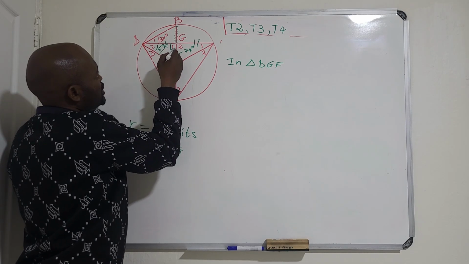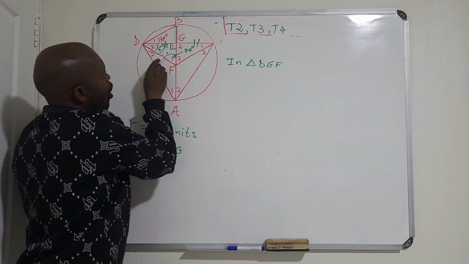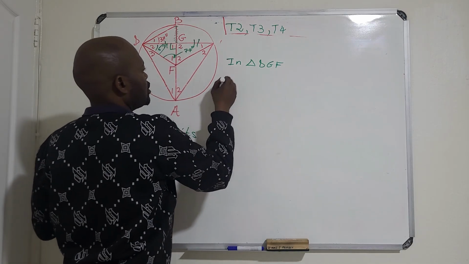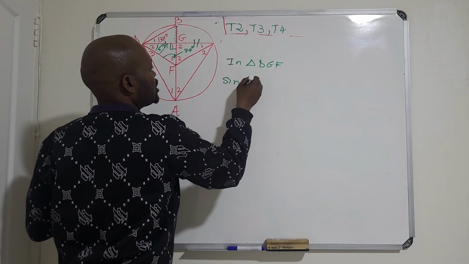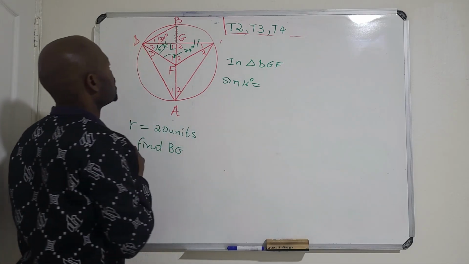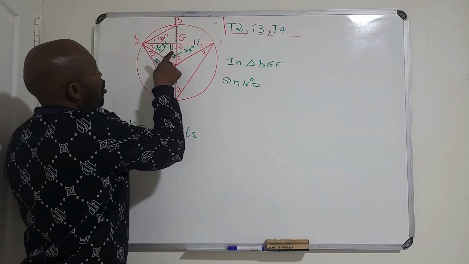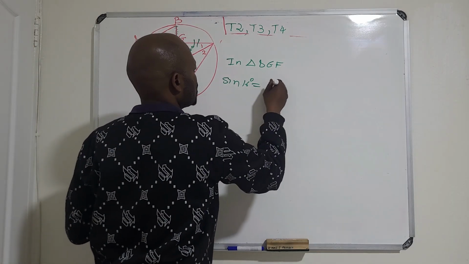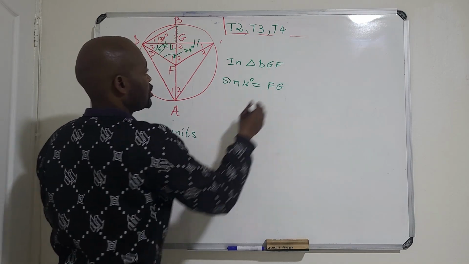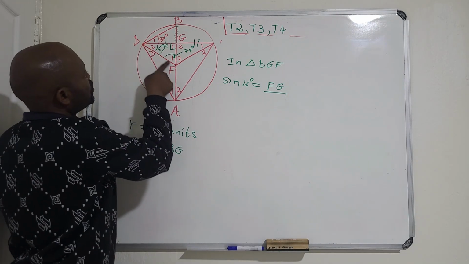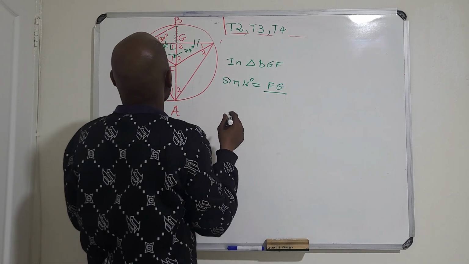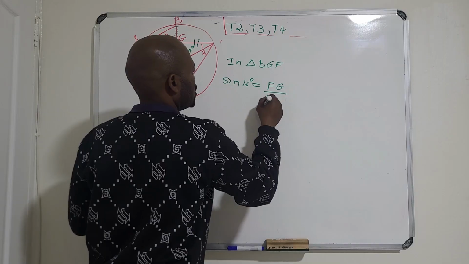Hypotenuse is always opposite 90 degrees. Opposite, which is sine. Sine 16 degrees is equal to opposite, which is FG, over hypotenuse. And our hypotenuse in this case is DF or FD.